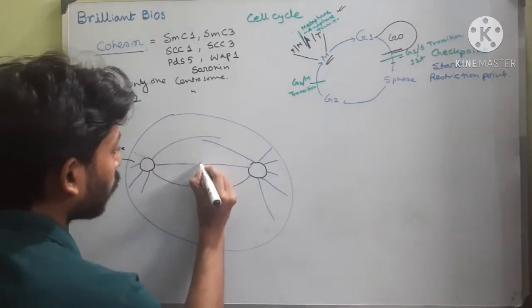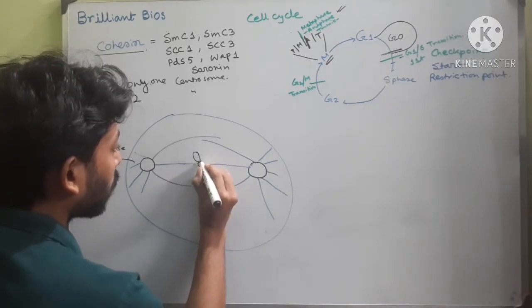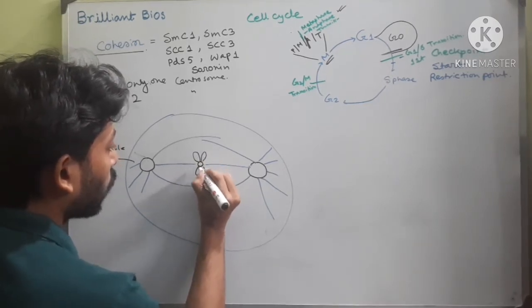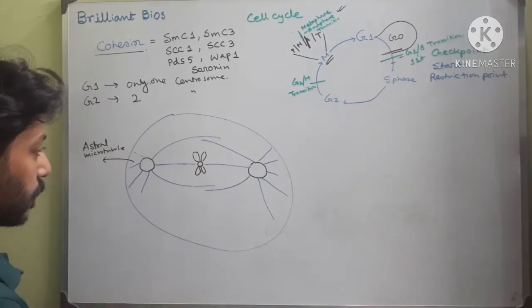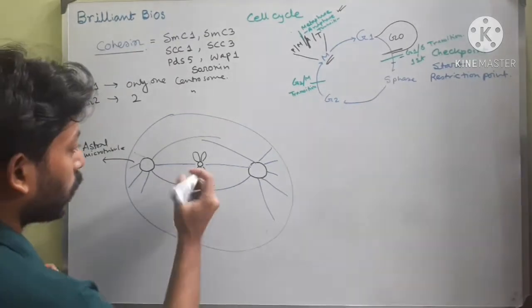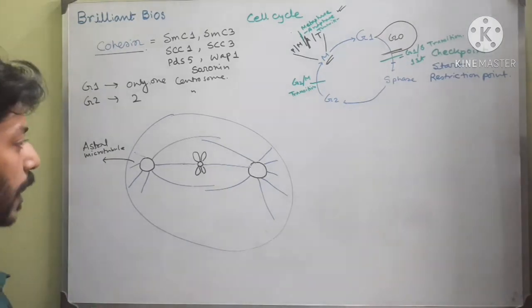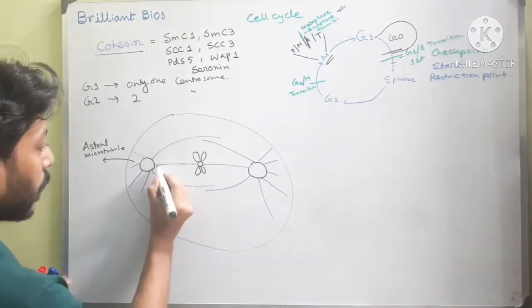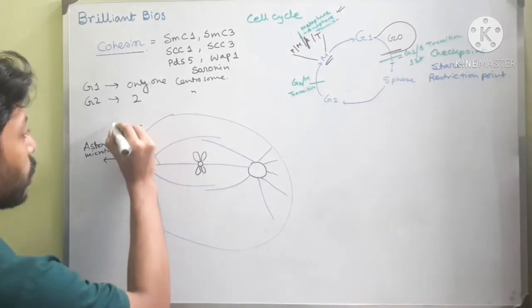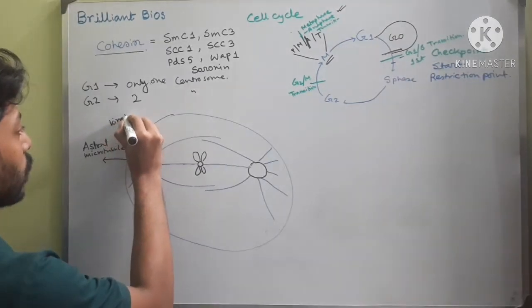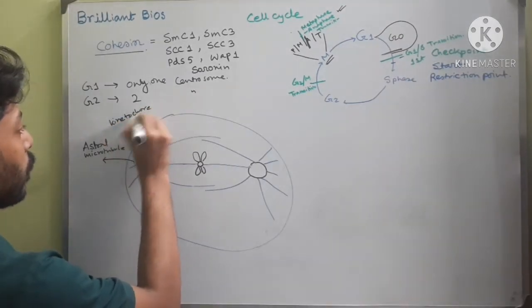The microtubule that attaches with the chromosome, I am showing only one chromosome for simplicity, is called kinetochore microtubule.